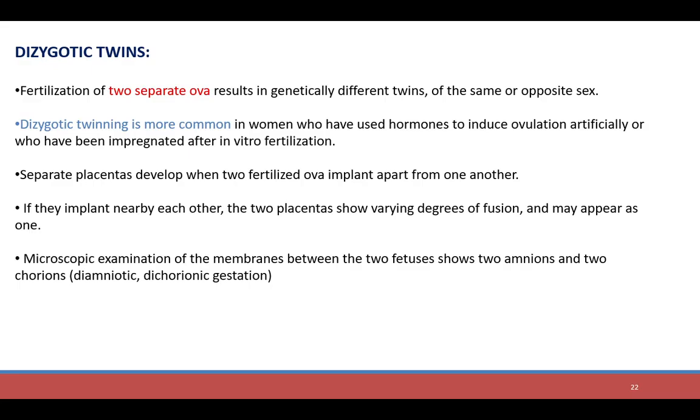So remember, dizygotic twins are more common in case of hormone treatment. In this case, there's ovulation, with more than 1 ova, 2 or more. So in hormonal treatment, most of the time there's fertilization of more than 1 ova.